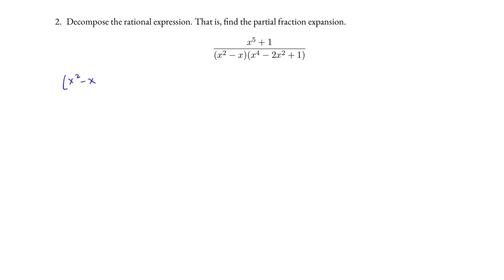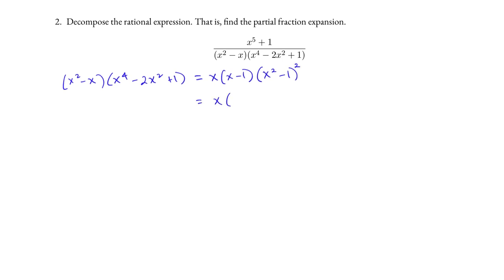x squared minus x times x to the fourth minus 2x squared plus 1. x squared minus x is x times the quantity x minus 1. x to the fourth minus 2x squared plus 1, we recognize that this is the quantity x squared minus 1, squared.